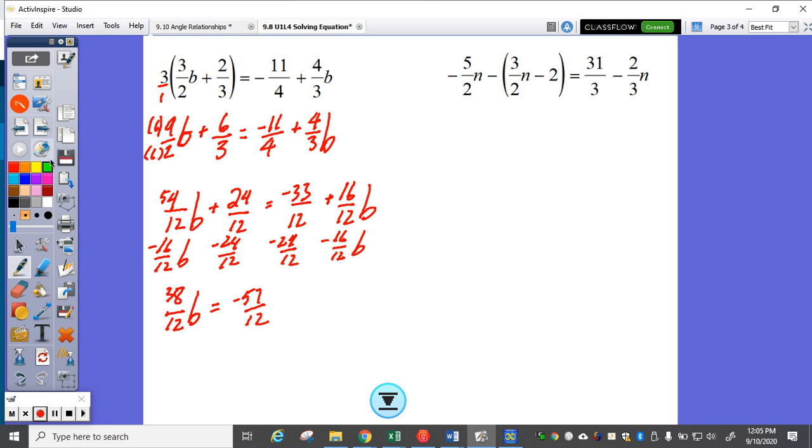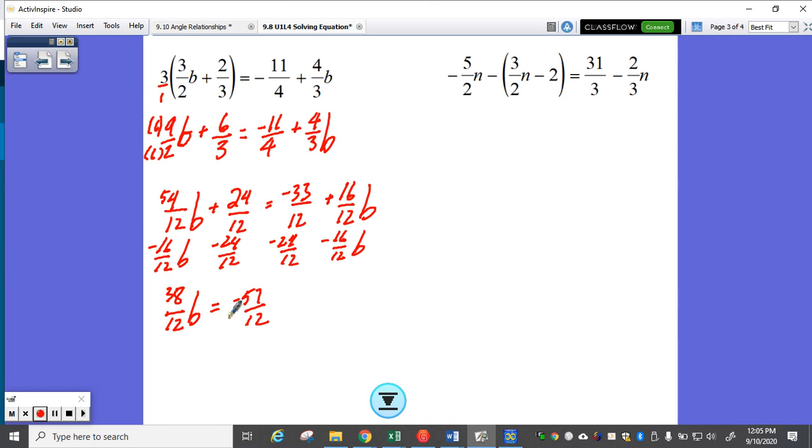How do I divide by a fraction again? Yeah, multiply the reciprocal. Okay, so the reciprocal of 38 over 12 is 12 over 38. We will do that to both sides. Is that what your answer was? All right, okay.